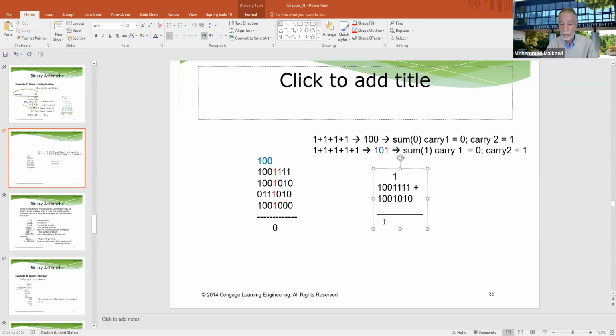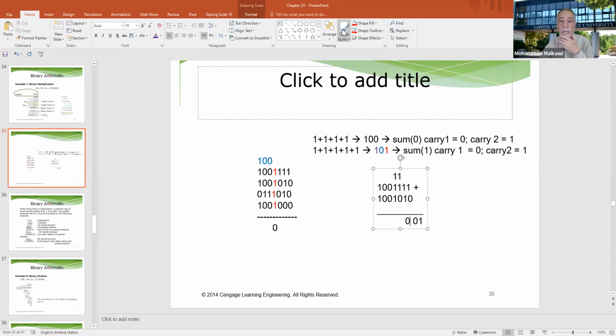Now this is 1, and the previous one is a 0, and there is a carry here, 1, and 1 plus 1 is a 0, and this is the carry right here.